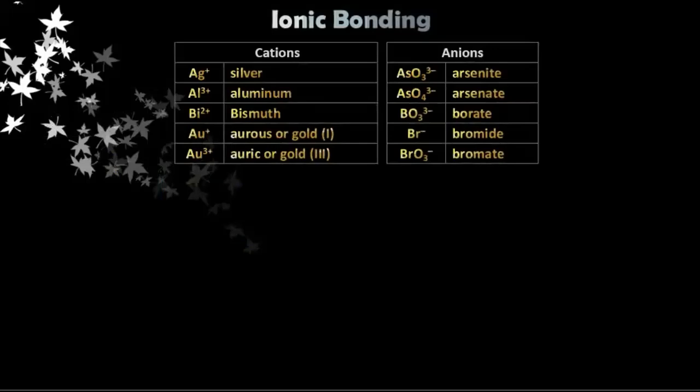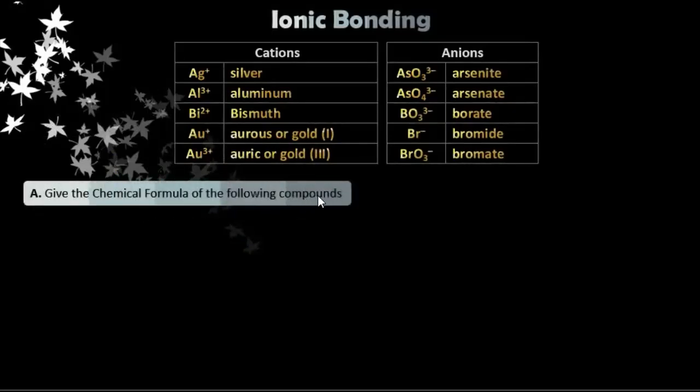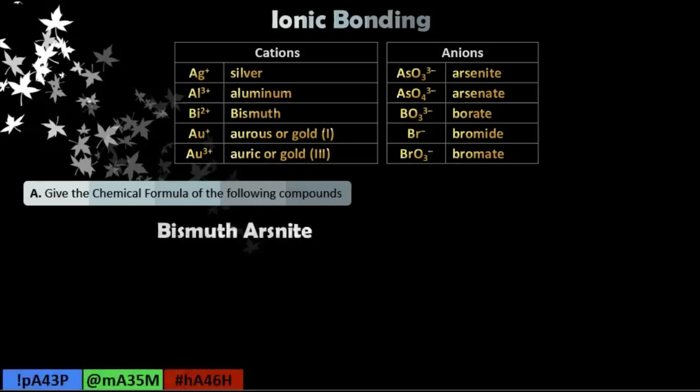This time, let's understand what the crisscross rule is. Let's have an example. Give the chemical formula of the following compound. Given the chemical name, we are going to give the chemical formula. We have the first example, bismuth arsenide. First step, identify the symbol of each element, or of each cation and anion.